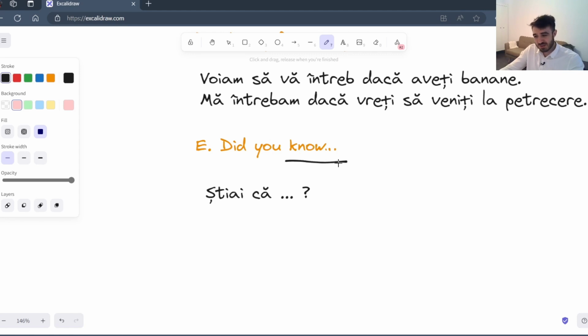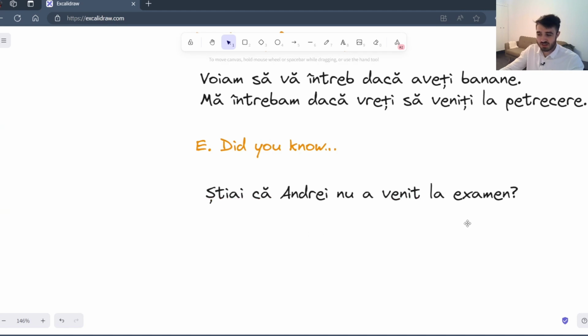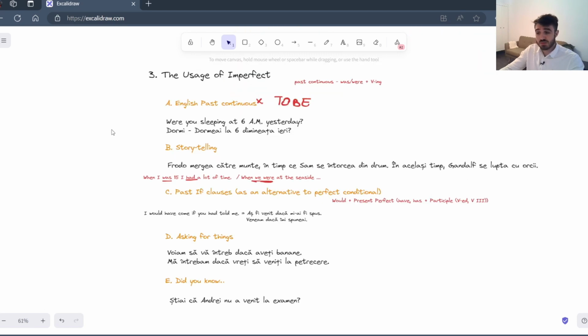Yeah, so those knowledge verbs don't really make sense in continuous form in English. So an example could be știai că Andrei nu a venit la examen? Did you know that Andrei didn't come to the exam? Boom. And you can change it to anything you want. So please let me know if you have any questions.